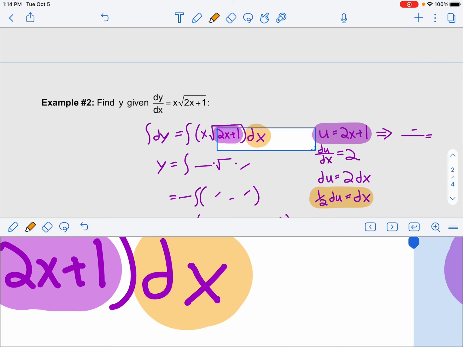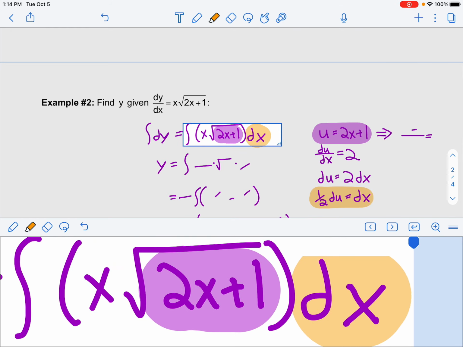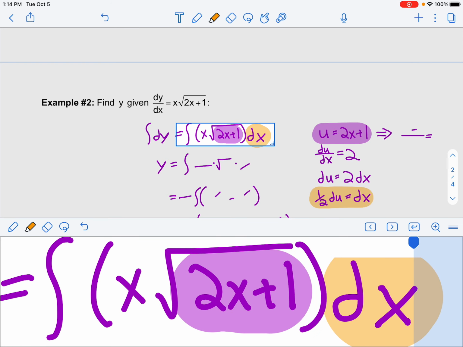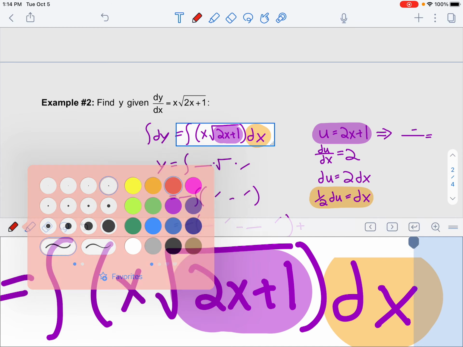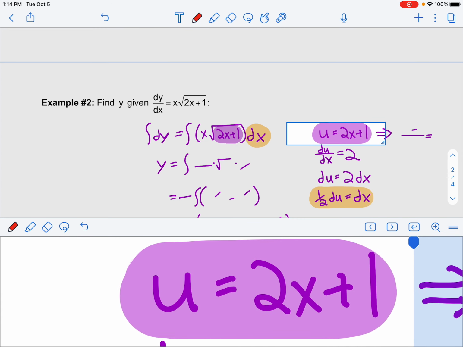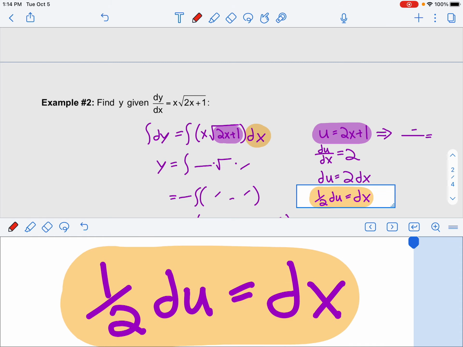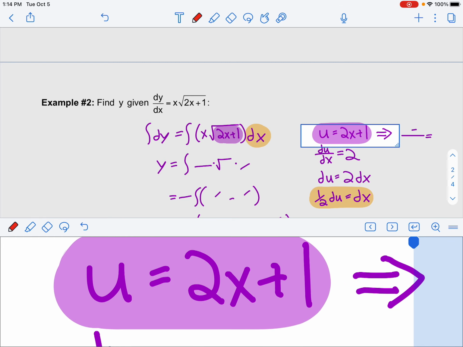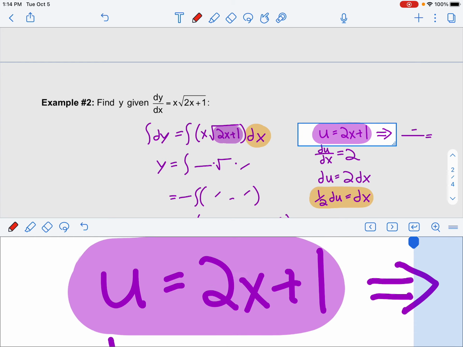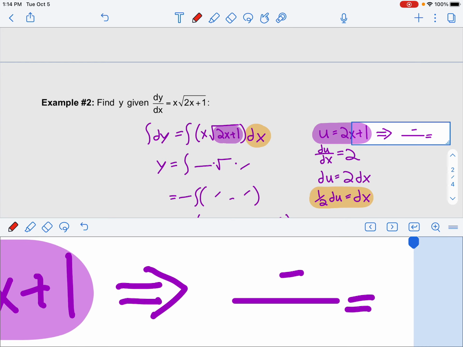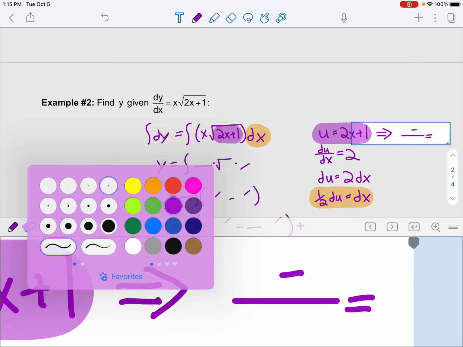Now, similarly with example 1, I still have this x in front of my square root, which is not getting substituted in with my substitutions for u or dx right now. So I'm going to do the same thing I did last time, which is take my u-substitution and rewrite it so that I can get the x by itself.